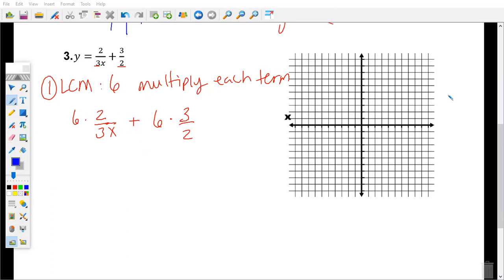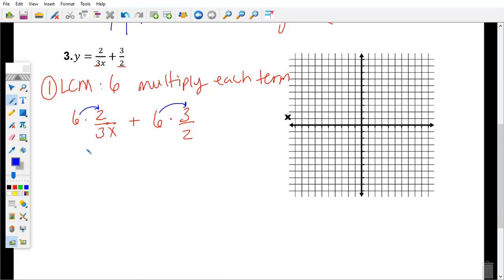That's your mixed numbers. When you're multiplying a whole number times a fraction, you're only multiplying the whole number times the numerator.